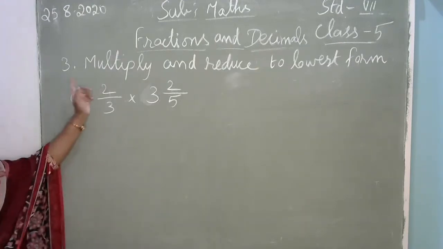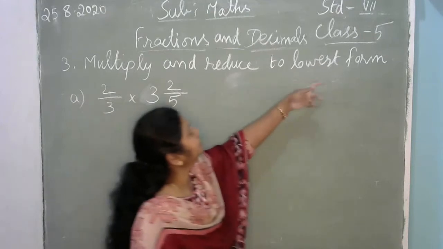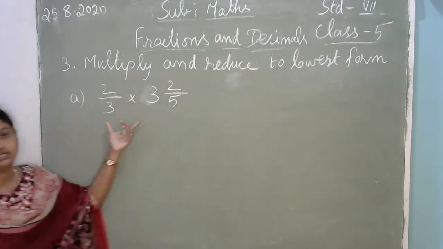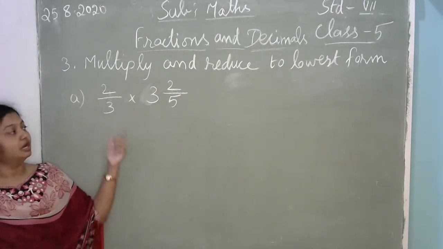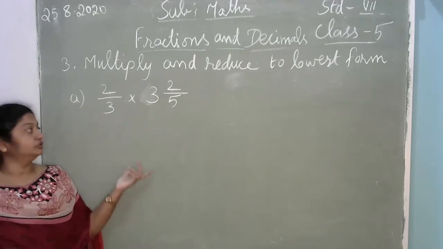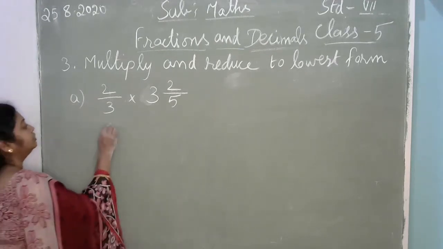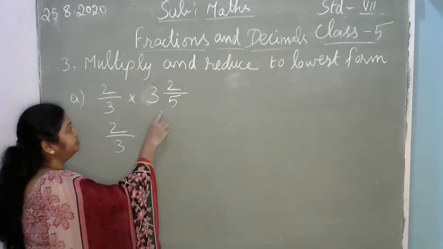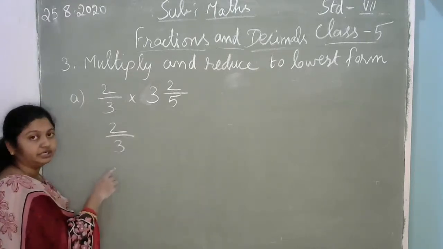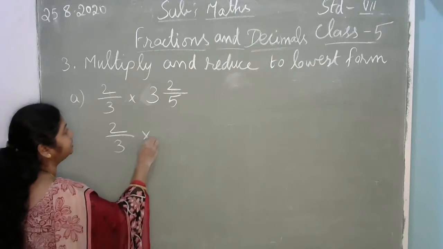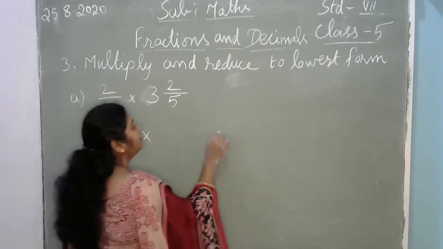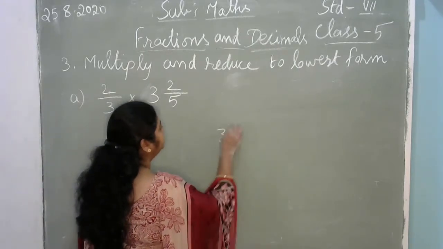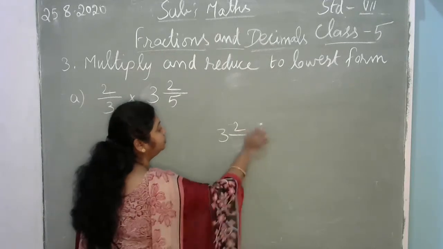Your third one means multiply and reduce to lowest form. First you have to multiply these two fractions and you have to reduce to the lowest form. So here now you multiply this proper fraction. This is the proper fraction. This is the mixed fraction. The proper fraction you have to take and write like that and the mixed fraction you have to change. How do you change? See here, 3 and 2 by 5.